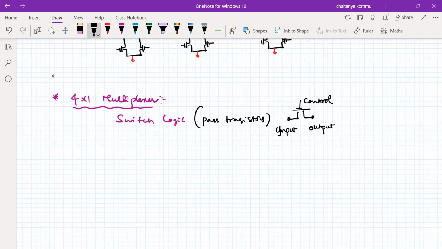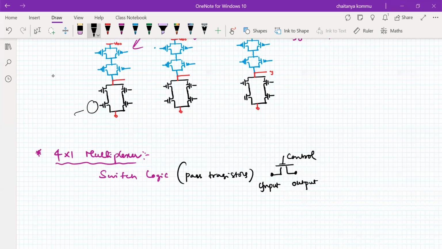Initially the inputs are applied at the gate of the transistor. But here we would like to apply the inputs at one terminal, the source or drain.